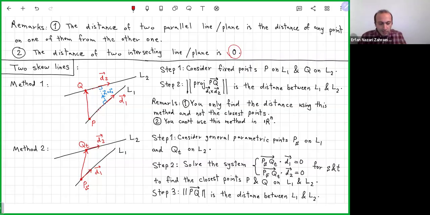So then we remain with the situation that two things are not parallel, but they don't intersect as well. You cannot have two planes, or even in Rn hyperplanes, that are not parallel but don't intersect. Any two hyperplanes, or planes in R3, that are not parallel, intersect. And also you cannot have this situation for a line and a plane, or a line and a hyperplane in Rn. If they are not parallel, they intersect.